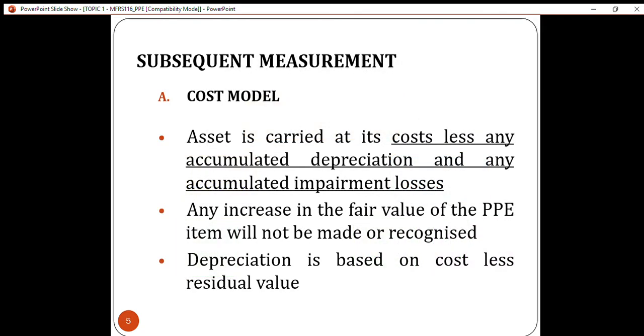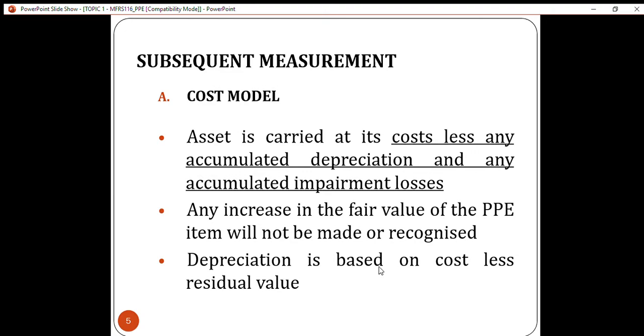This one is about the cost model. Under the cost model, an asset is carried at its cost less any accumulated depreciation and any accumulated impairment losses. Any increase in the fair value of the PPE item will not be recognized.